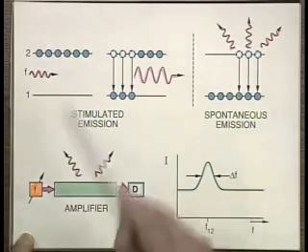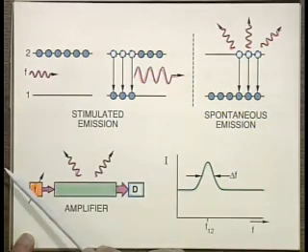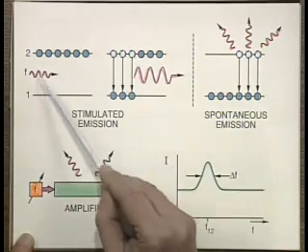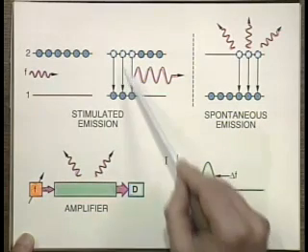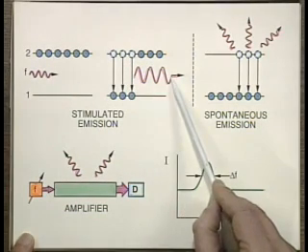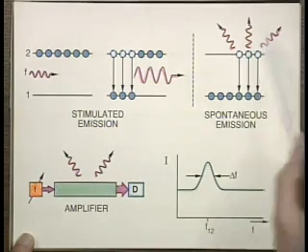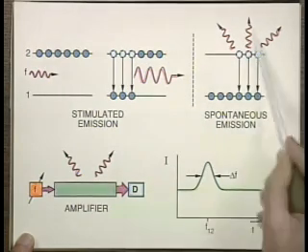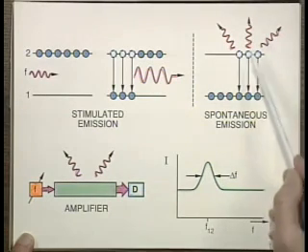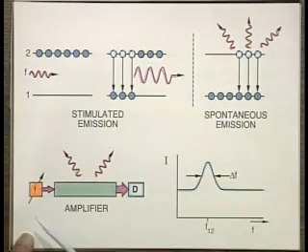And that's bad news, because there's no more amplification. But when the light comes in, it will interact with atoms and bring them down, and then the light will be amplified. But some of the other atoms here will also spontaneously decay and will emit radiation in all directions. And this is no good to you, because this light is lost and not available for amplification.